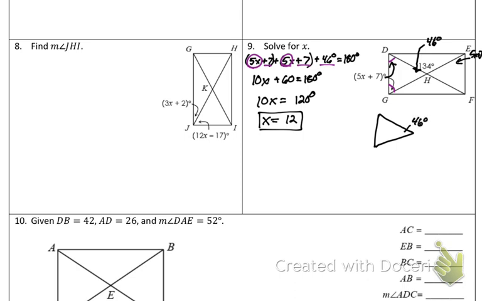I'm going to make that just a little simpler on us. Same idea, though. If I give you one angle, you know the measures of the other angles in an isosceles triangle. If I tell you this is 46, you can find the other ones by doing 180 minus 46, which is going to equal 134.